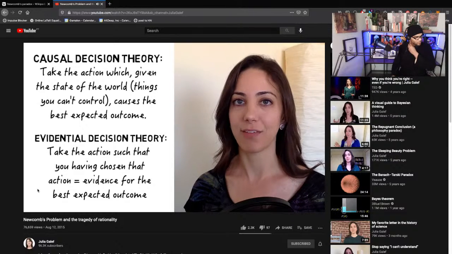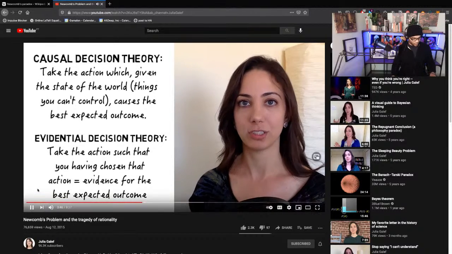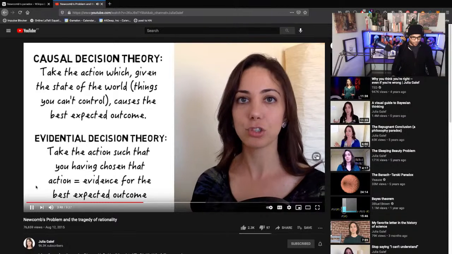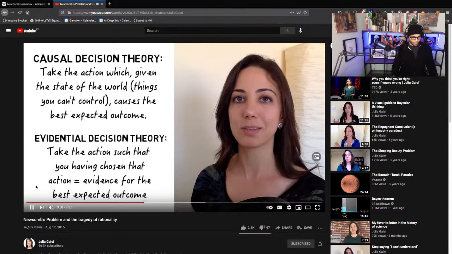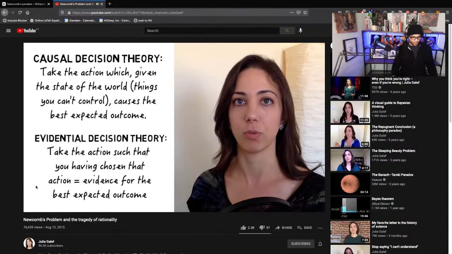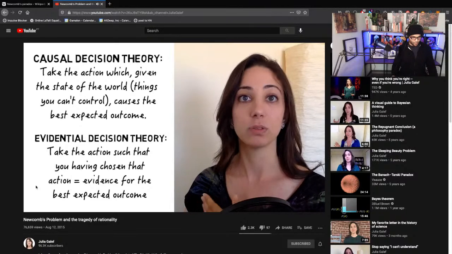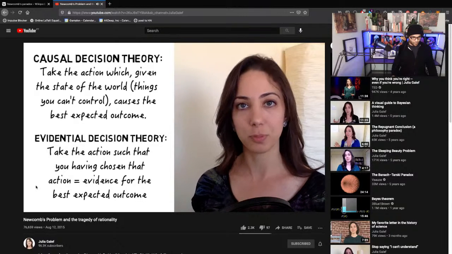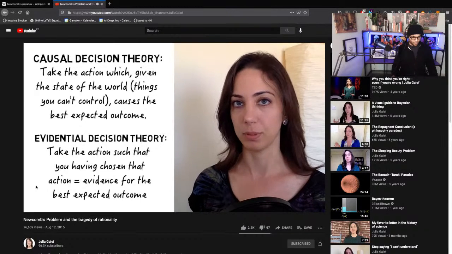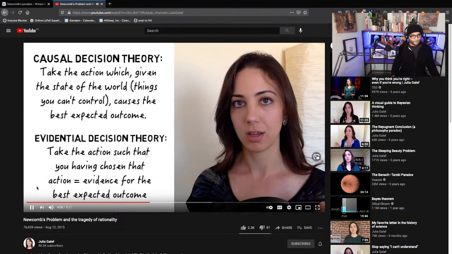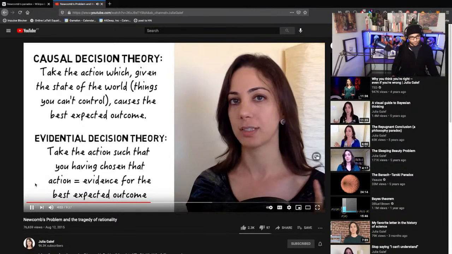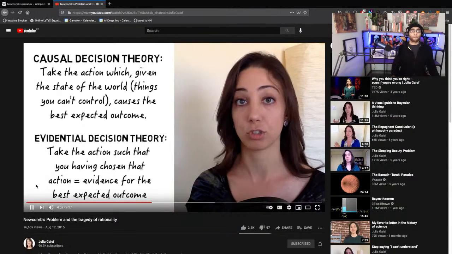Usually, causal and evidential decision theory point to the same action, right? Usually in the world, the action that causes the best expected outcome, conditioning on the state of the world, is the outcome that you would be relieved to hear that you had taken. Newcomb's problem and related problems, which are called Newcomb-like problems, are a sort of special case in which causal and evidential decision theory give you different prescriptions.